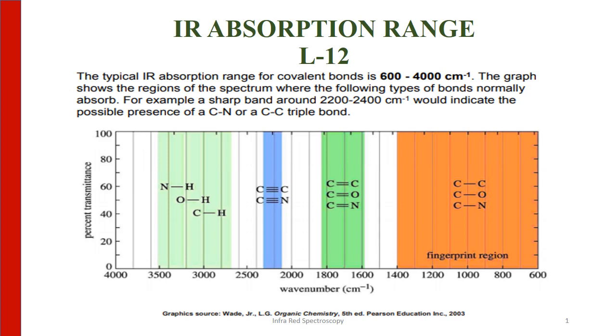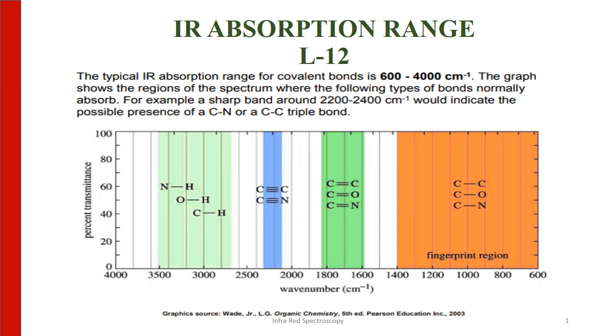When we talk about less than 1500 per centimeter, it is the fingerprint region. The region below 1500 per centimeter is rich in many absorption peaks, which are caused due to bending, whereas the functional group region above 1500 per centimeter represents the stretching of IR radiation.